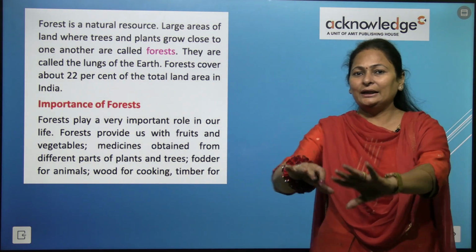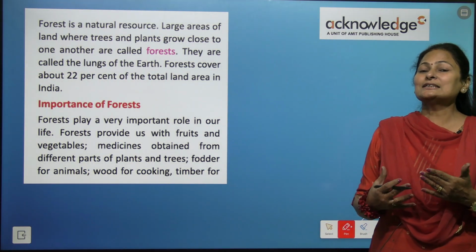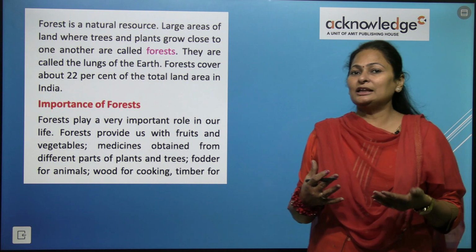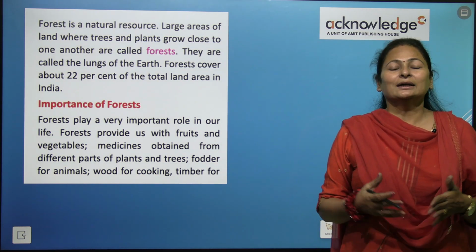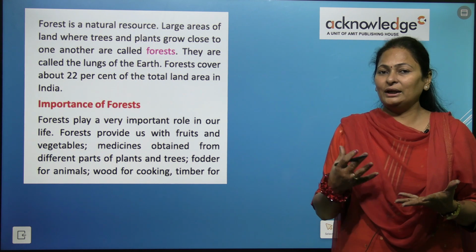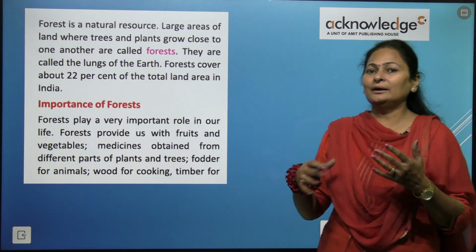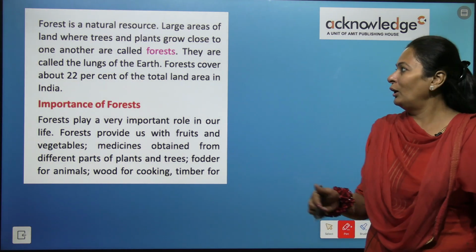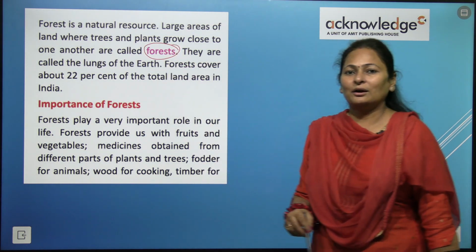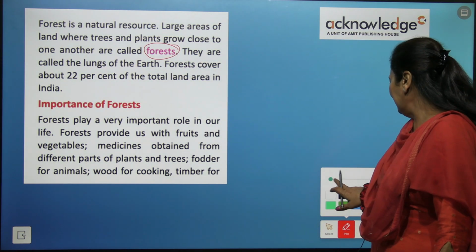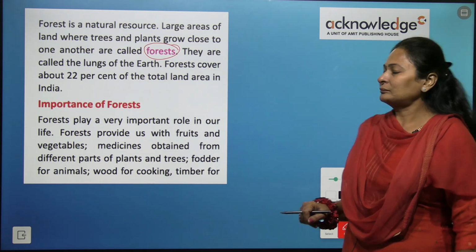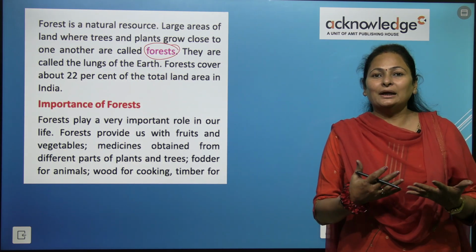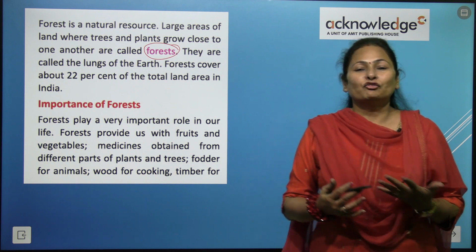So a large land area which is covered by different types of plants and trees, which we have learned about in earlier sessions, growing very close to each other, is called a forest. Alright kids, have you understood what a forest is?